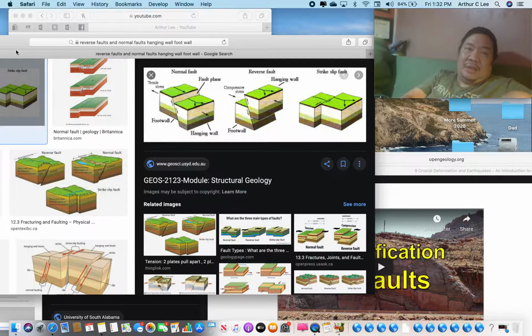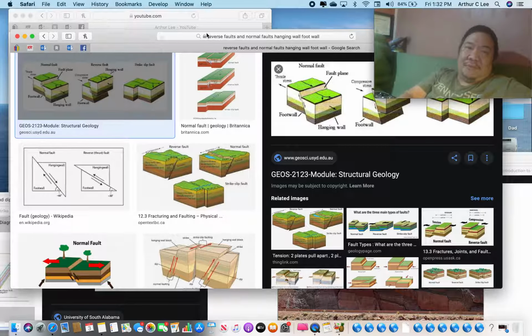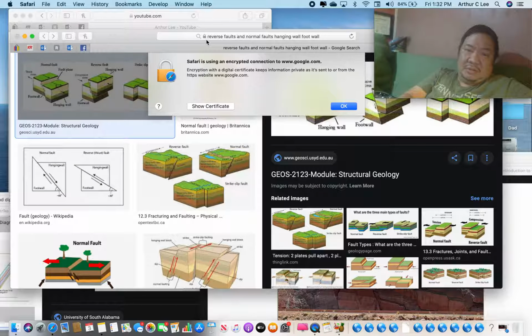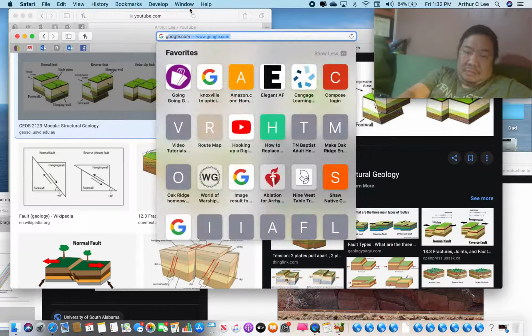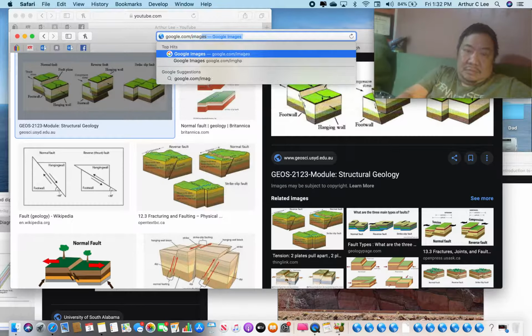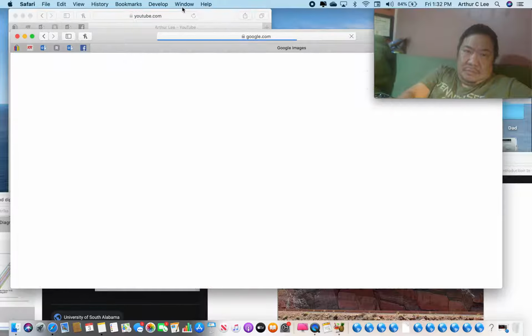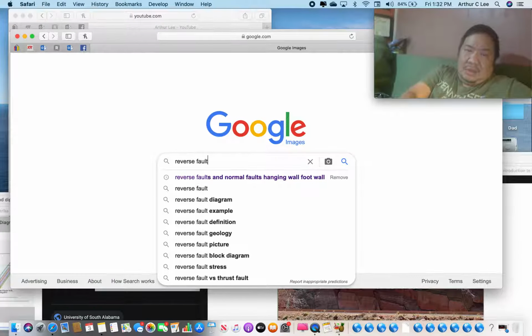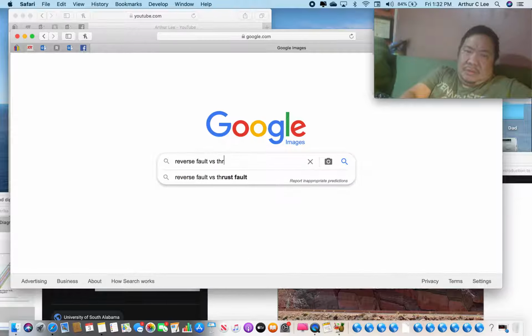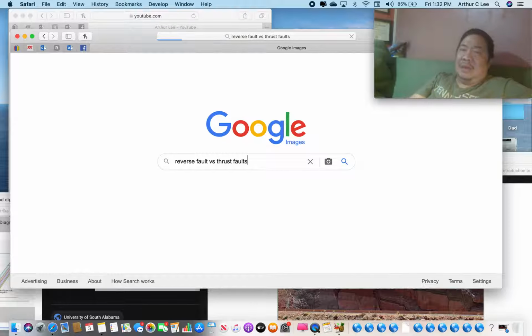Okay, so before I get into the strike slip faults, let me show you what a thrust fault is. A thrust fault is just a special type of reverse fault.